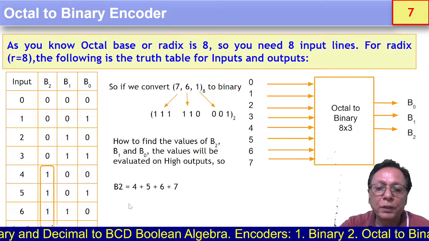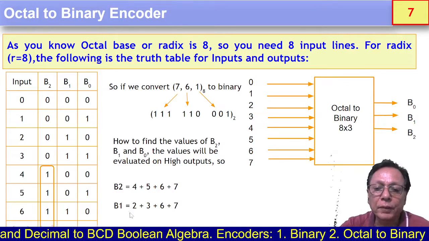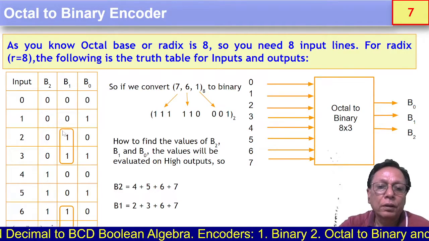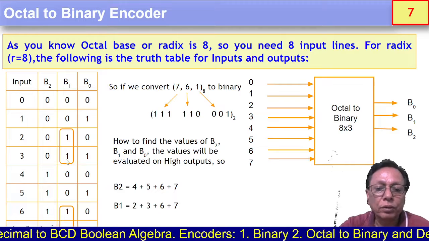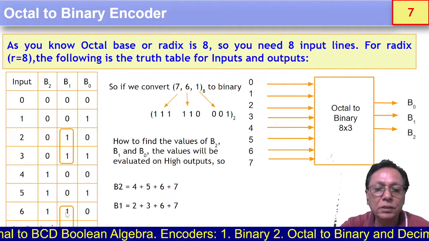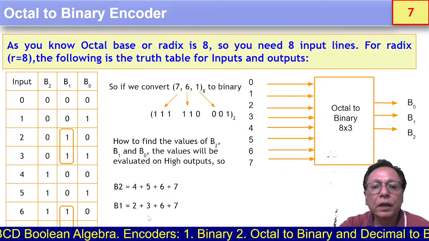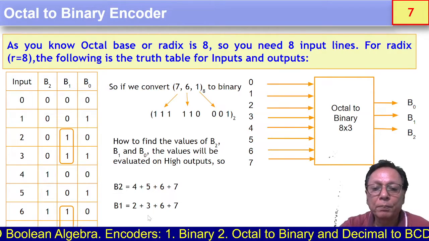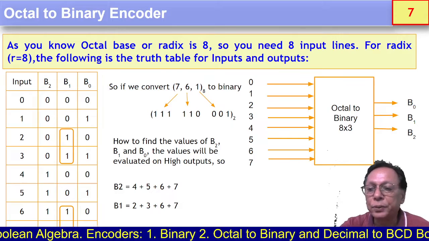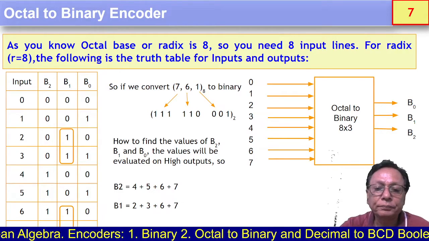If you take B1, it is 2 or 3 or 6 or 7. And if you consider the B0 output, what should be the high inputs?